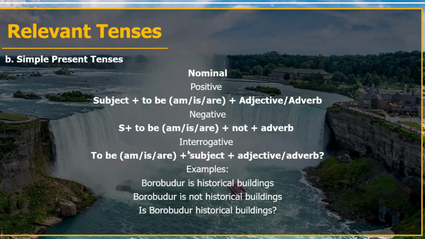And then the interrogative one is to be am, is, are plus subject plus adjective or adverb, plus question mark. Examples: Borobudur is a historical building is the positive one, and then Borobudur is not a historical building is the negative one, and then is Borobudur a historical building is the interrogative one.